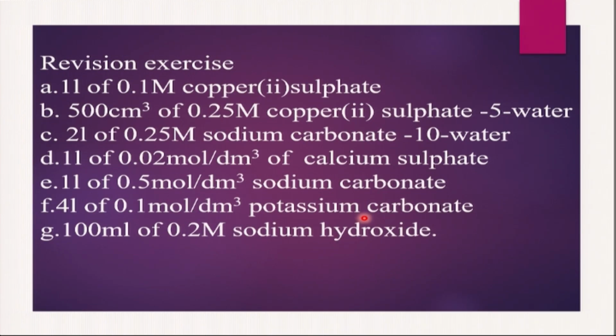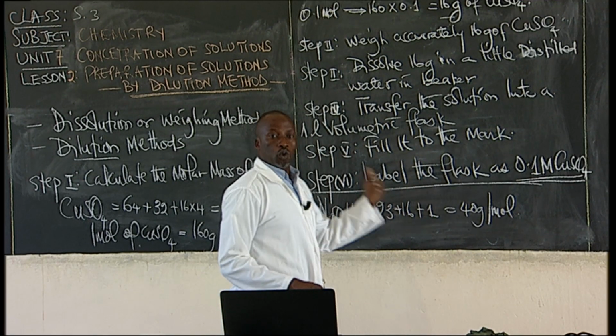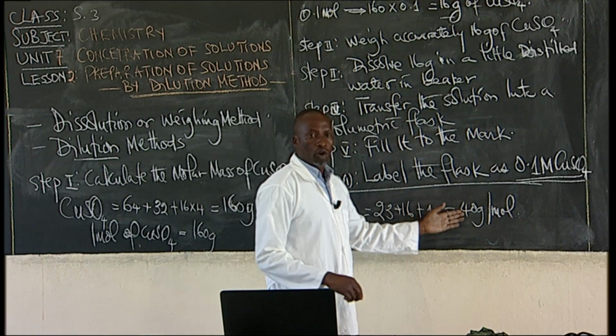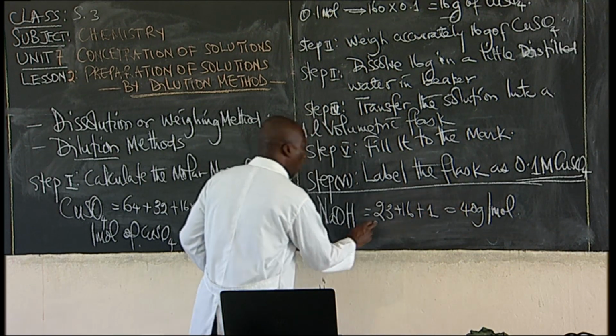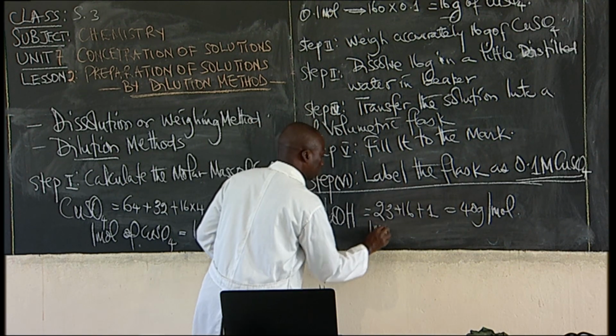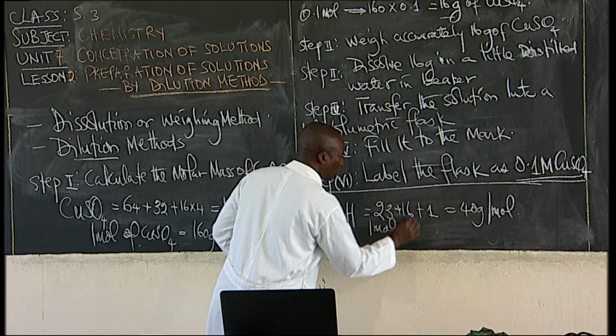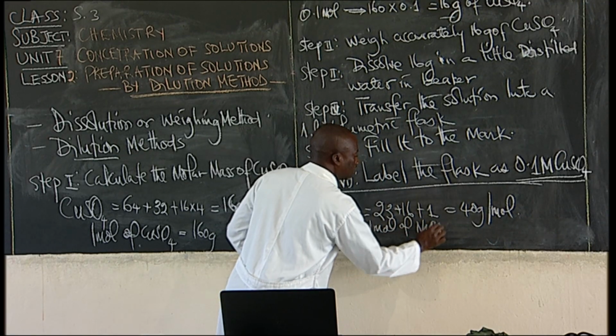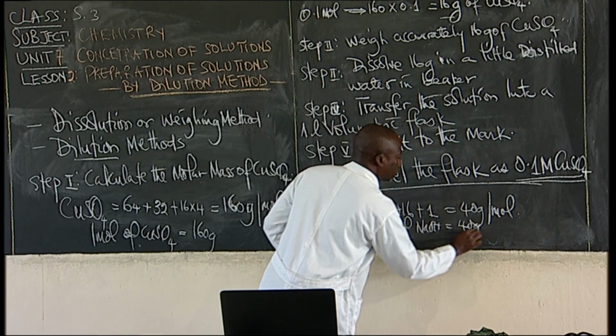These 40 grams per mole is the mass equivalent to 1 mole. So you need now to calculate the number of moles. 1 mole of sodium hydroxide is equal to 40 grams.